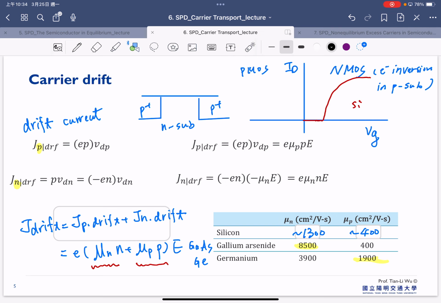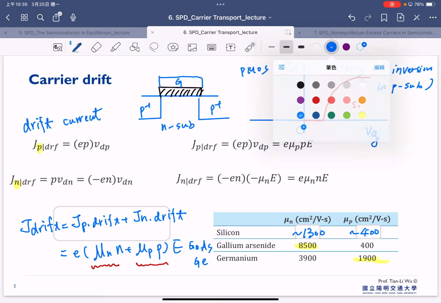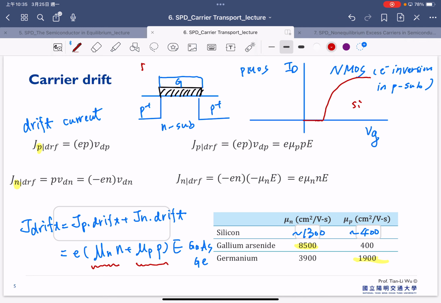We still have the dielectric, and we still have the gate metal. So now you can see the basic idea for this P MOSFET. The basic structure is exactly the same as an N MOSFET. The only change is substrate doping, and the only change is our doping in the source and drain.